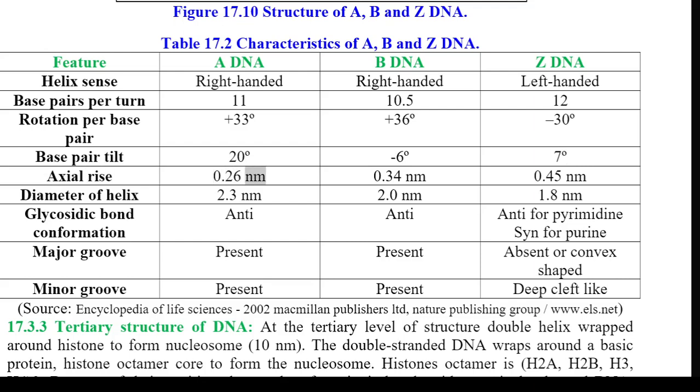0.26 nm, 0.34 nm, 0.45 nm. Diameter of helix: 2.3 nm, 2.0 nm, 1.8 nm. Glycosidic bond conformation: anti for pyrimidine, syn for purine.